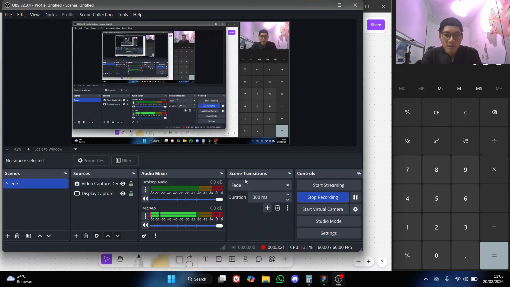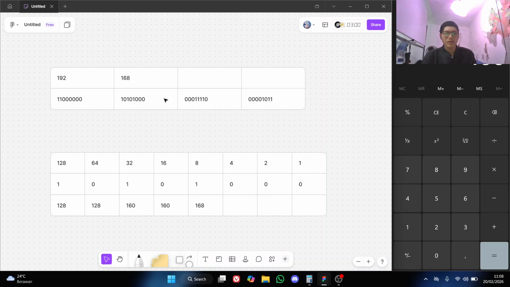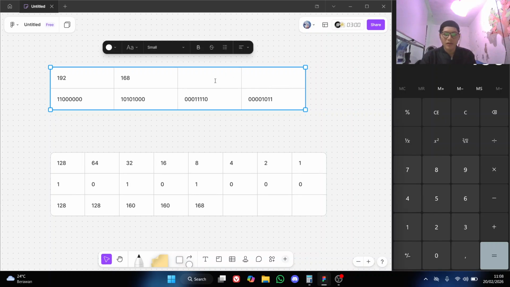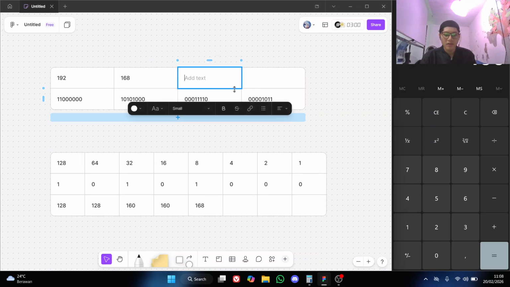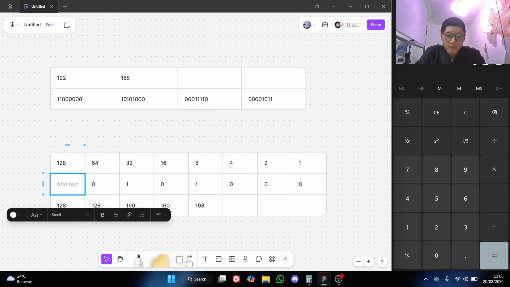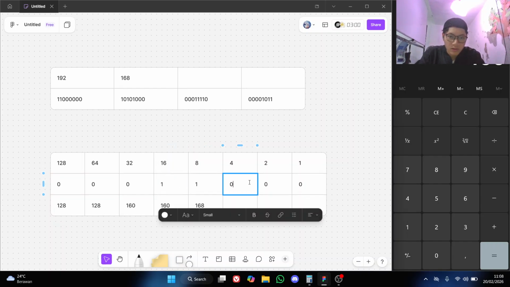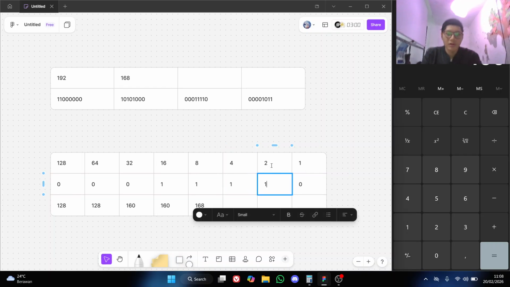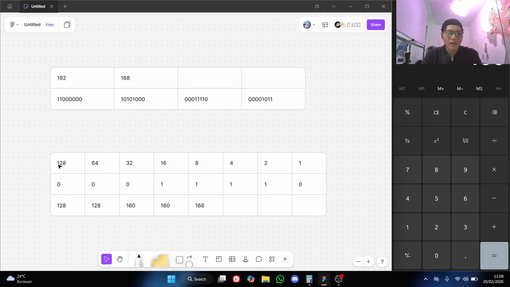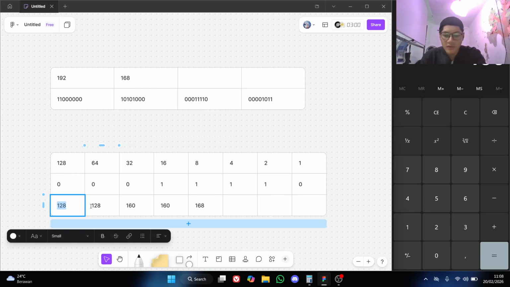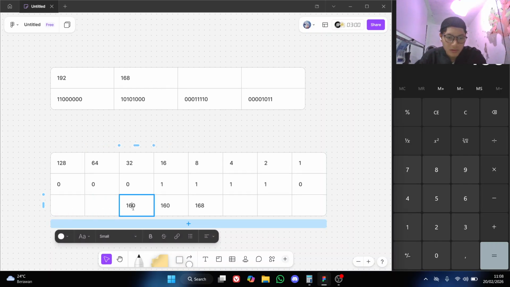So now we have the third octet. The third octet is 0, 0, 0, and then 1, 1, 1, and then 1. Now how do we make this? The first is 128, but it's 0 because it's not 1 here.